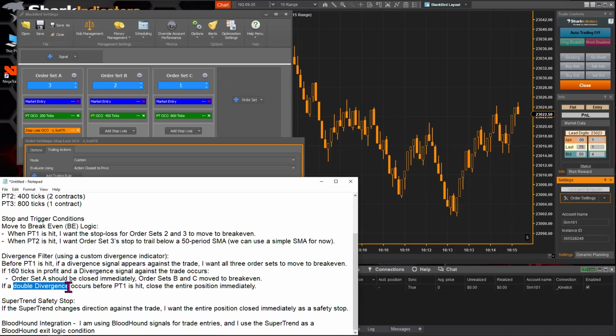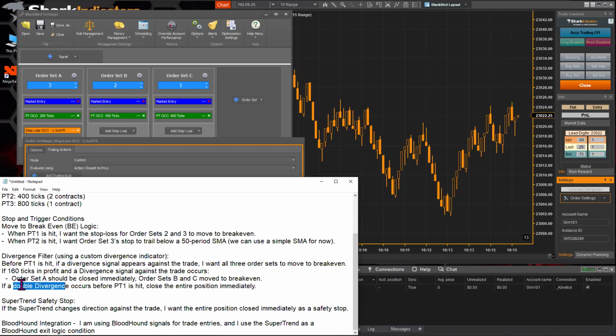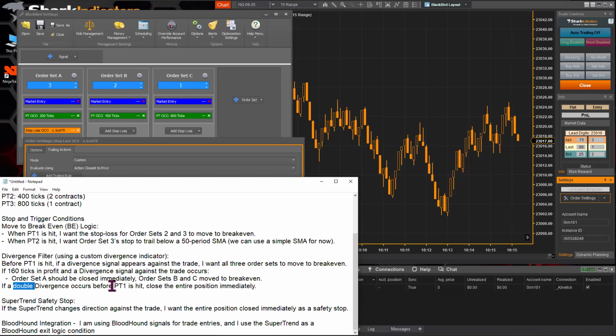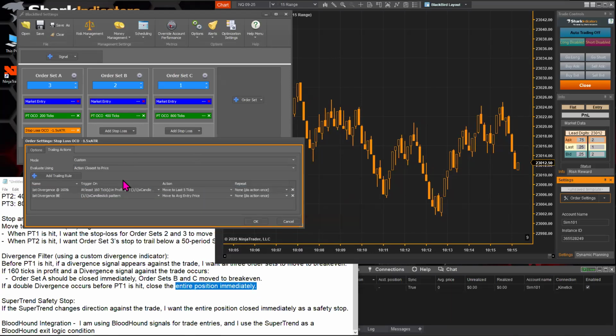It's not the job of Blackbird to start counting indicator signals. So this divergence indicator will need to identify that there is a double divergence happening, and then we can close out the entire position there.